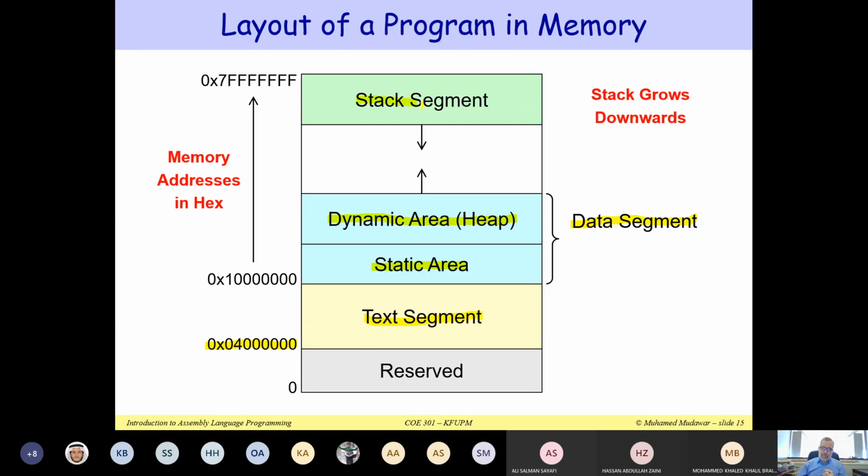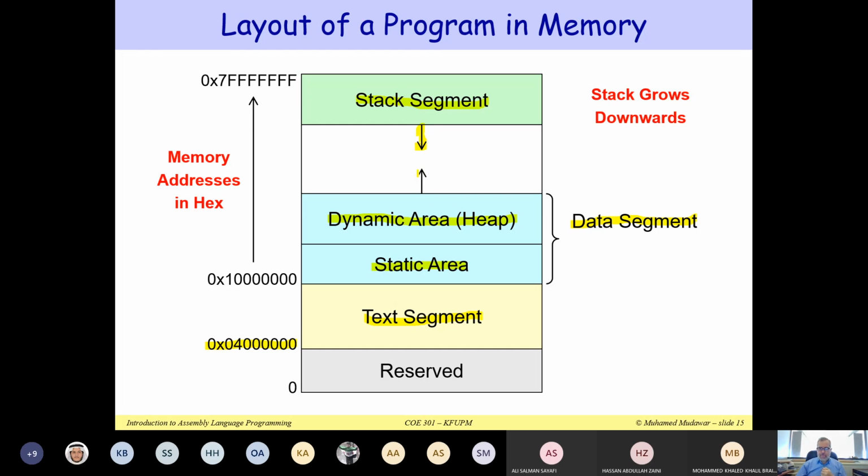There is a stack segment that appears on top. This stack segment is also allowed to grow, but it's going to grow downwards. So the stack segment appears on top of memory according to this layout, and it is going to grow downwards toward the lower memory addresses.